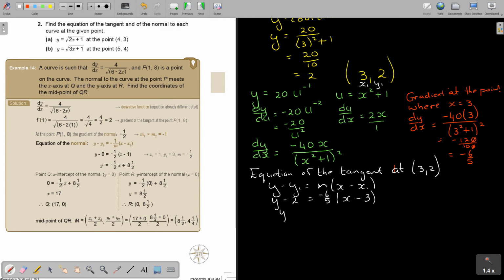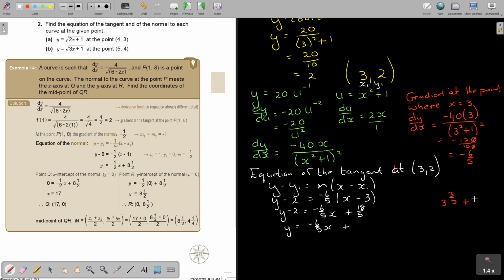Then I'm just going to say y minus 2 equals negative 6 over 5 x plus, we can just keep it 18 over 5, which is going to give me y equals negative 6 over 5 x. Okay, remember 18 over 5, it's going to be 3 and 3 over 5, do you agree?